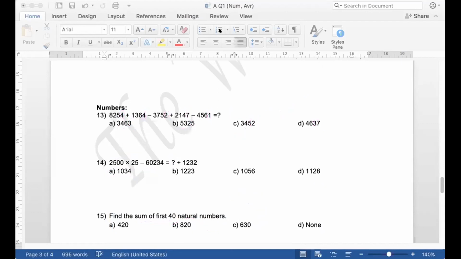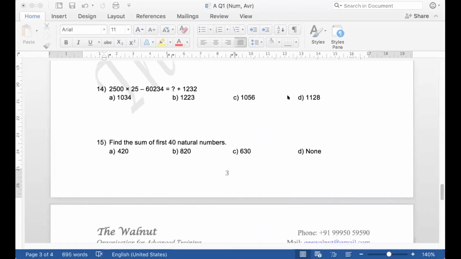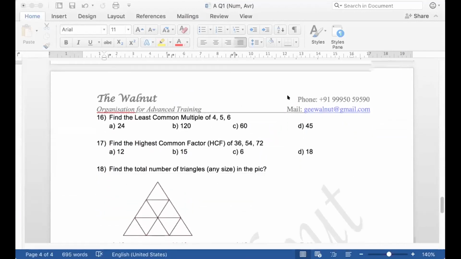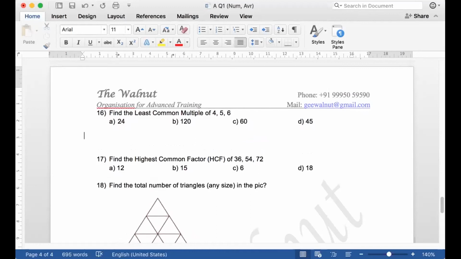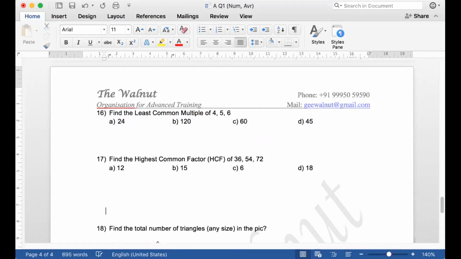Now, next one we have: find the least common multiple of 4, 5, and 6. Least common multiple, that means LCM. So LCM of 4, 5, and 6. Straightforward question. I see the answer from Nancy, Soumya, Tripta, Donna, Elizabeth, Sujitra, Therese, Alex, Renz.